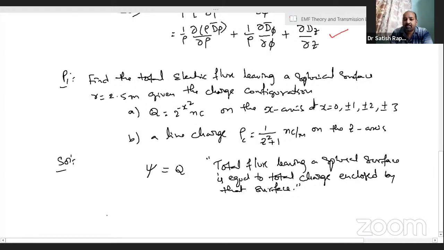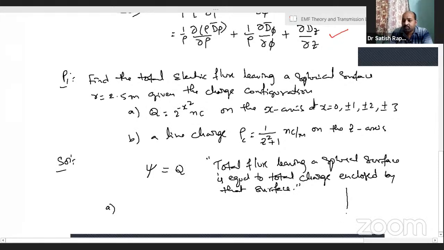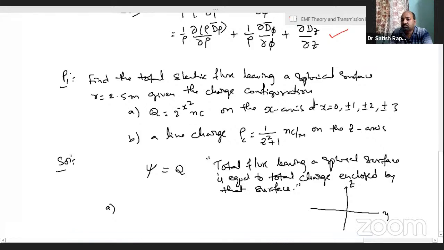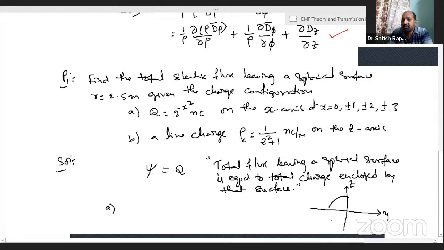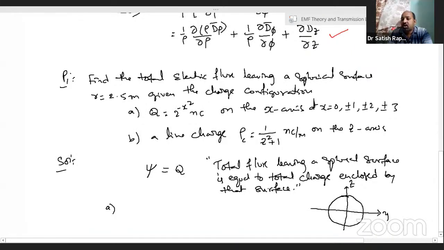Therefore, A bit, right? Here we have the y-axis and z-axis. So a sphere, a spherical surface of radius 2.5 meters. Radius 2.5 meters in the sense the diameter is 5.